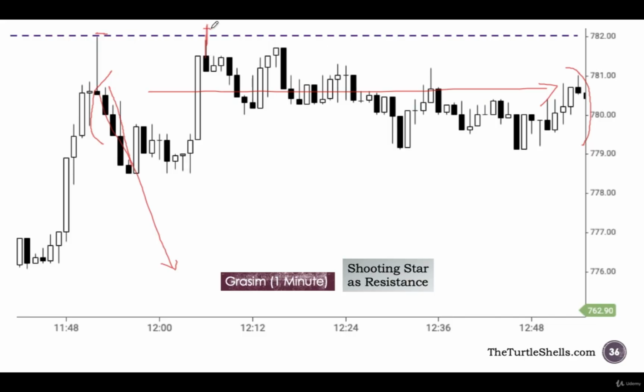It must close above the shooting star resistance to negate the further possibility that this is resistance, because once it is broken, it is broken. Okay, so this chart illustrates how a shooting star can become resistance, or how the high of the shooting star can become a very good resistance point for us.